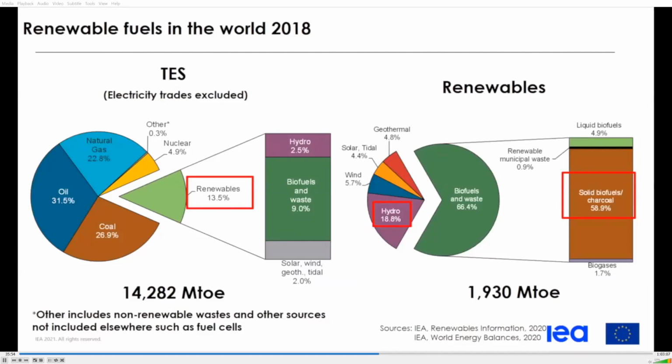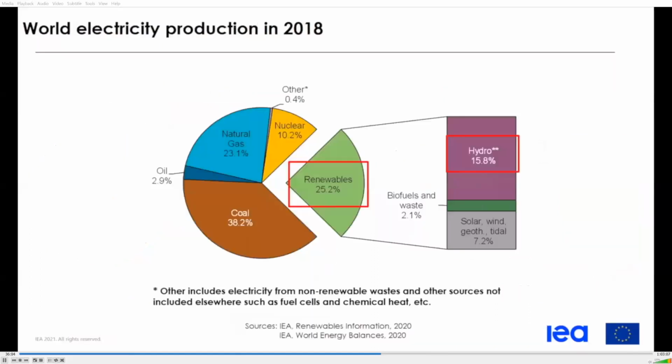Hydro represents the first element of electricity generation from renewable sources in our statistics. And it is present in a large part in the world electricity production, which represents almost 15% of the electricity generated in the world.